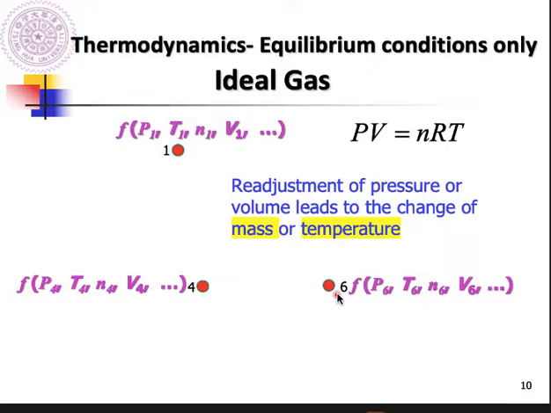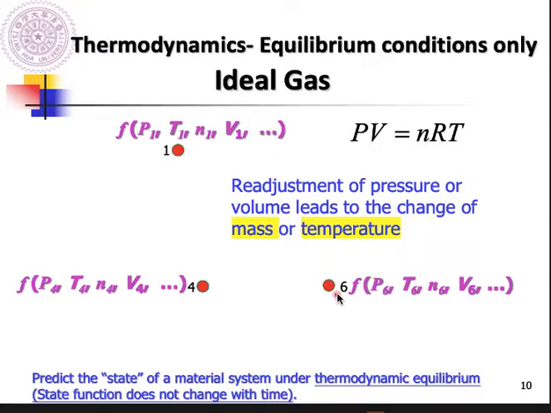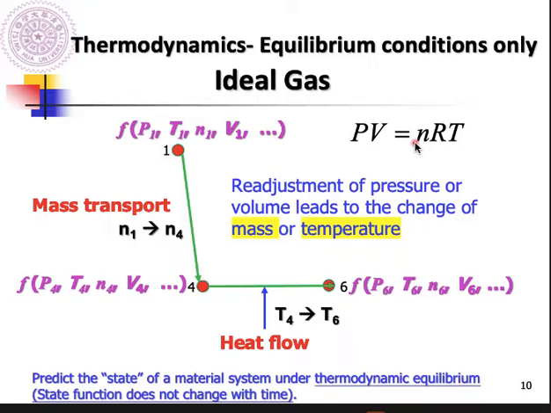So this is what we call using thermodynamic equilibrium to predict or define our states. And these states do not change with time, because PV equals nRT always, the ideal gas always needs to obey it, right? And what kinetics wants to know is, if I choose this path from 1, 4 to reach 6, during this process, I want to know the heat flow in and out of the system and also the mass transfer.